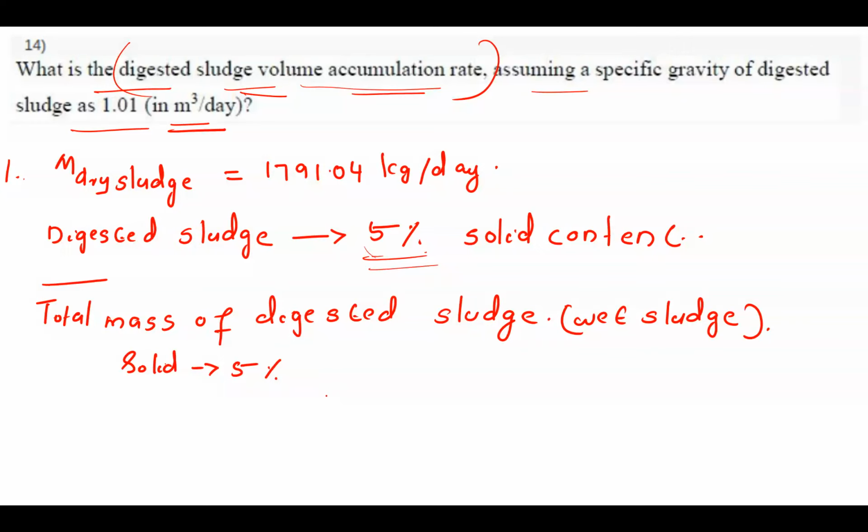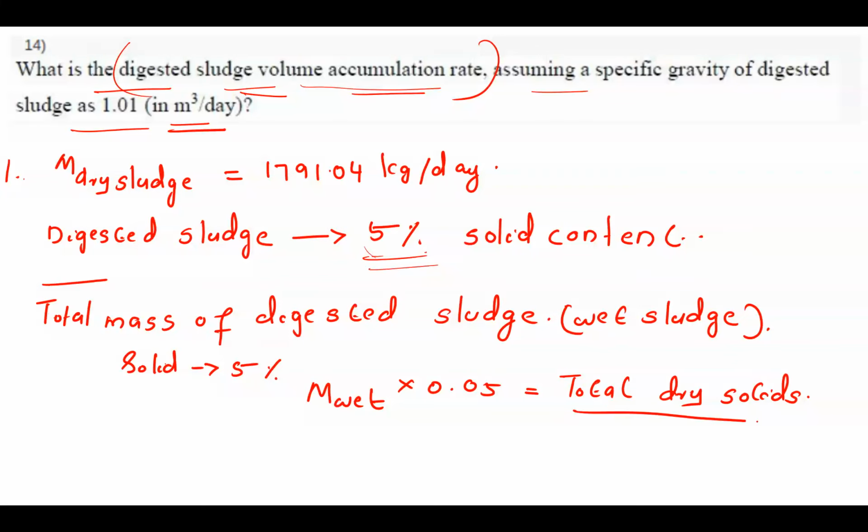So you can say that mass of wet sludge times 0.05 equals total dry solids. And now we have this total dry solids. So this is the total weight of the sludge.